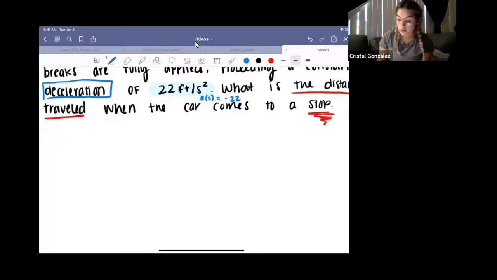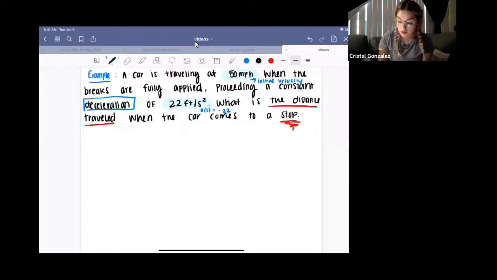Okay, so let's write down what we know and work out our solution over here. We know that a of t is equal to -22, but we want to know the distance traveled.